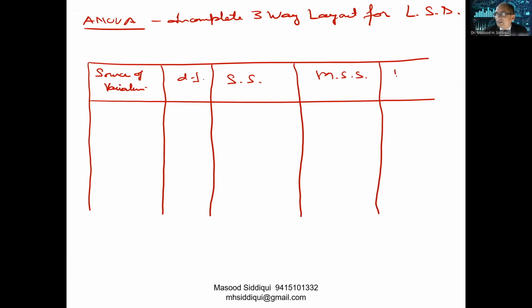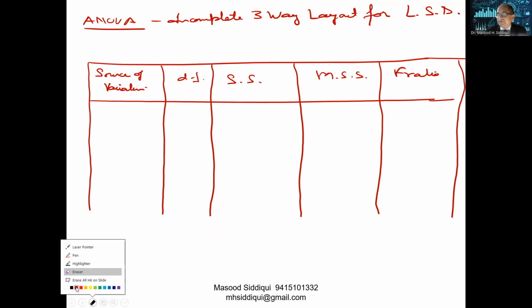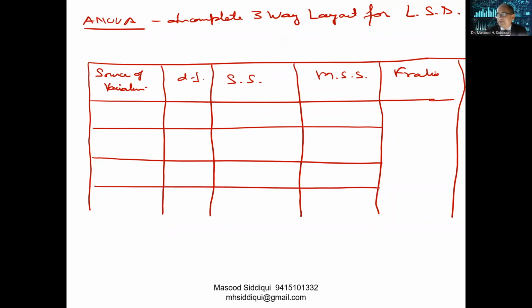The last one is the variance ratio or the F ratio. This row is for the first source of variation, that is rows or A. This is for the second. This is for the treatment. Next is the error. And the last one is the total.